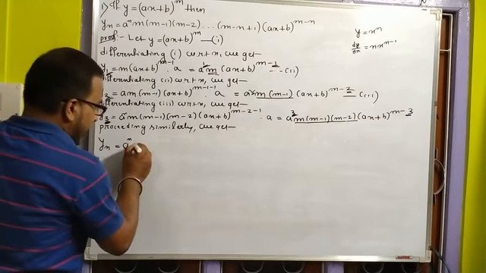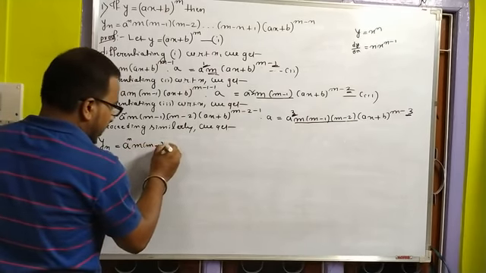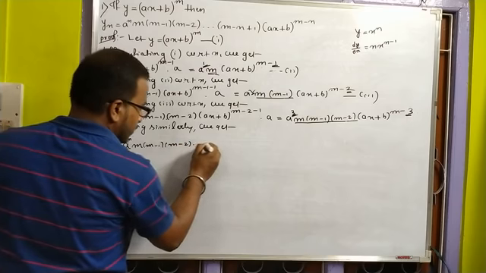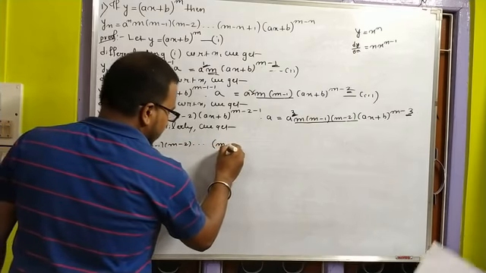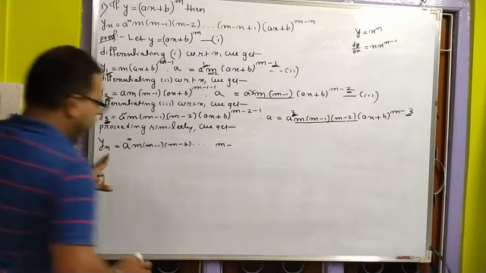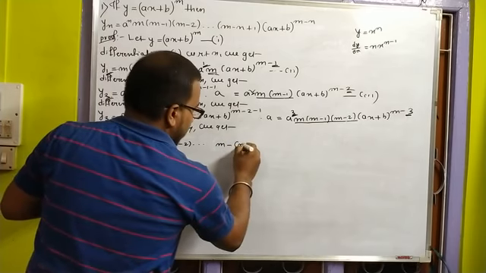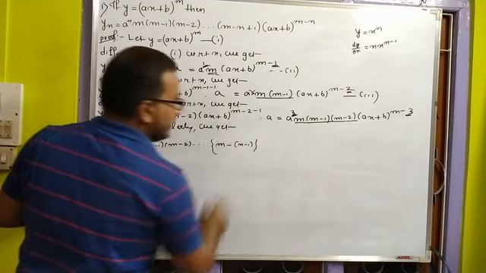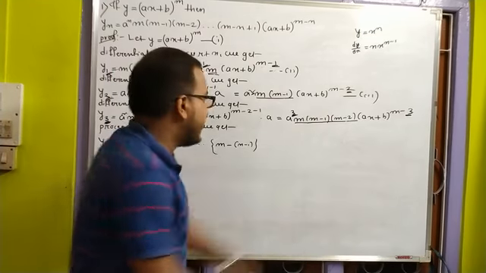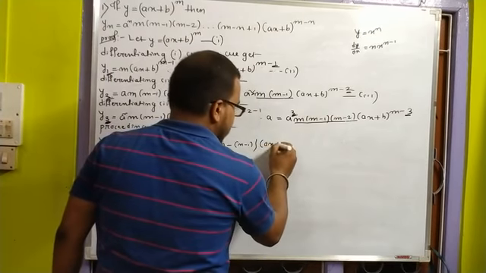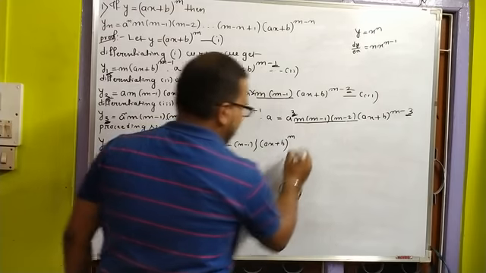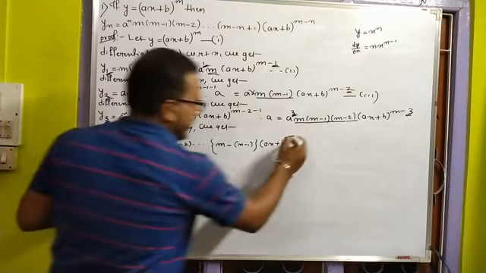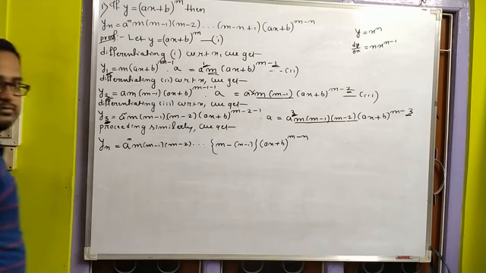So it will be m into m minus 1 into m minus 2, and the last term will be m minus 1 less than n, so it will be n minus 1, right? And the last term is what? ax plus b whole to the power m, it is n, so it will be m minus n, right?